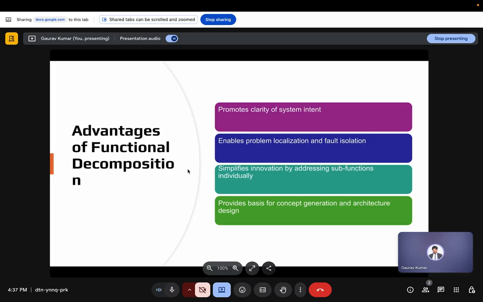Performance bottlenecks are easier to diagnose. Well-designed functional blocks are knowledge assets that seed future products, shortening cycles. Architecture work becomes faster and safer. So decomposition turns complexity into a set of solvable sub-problems.